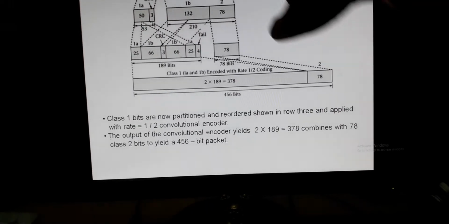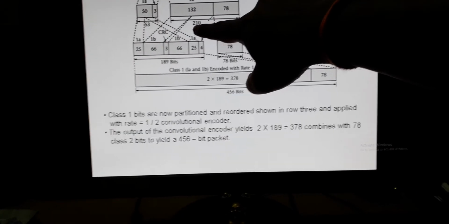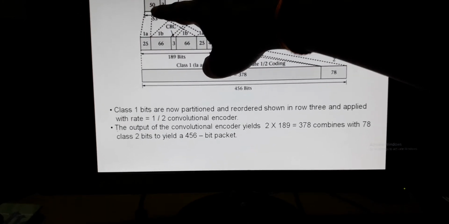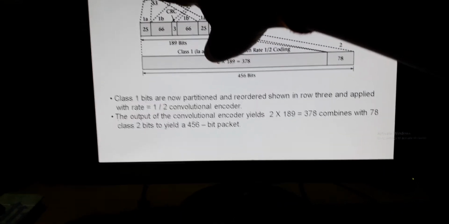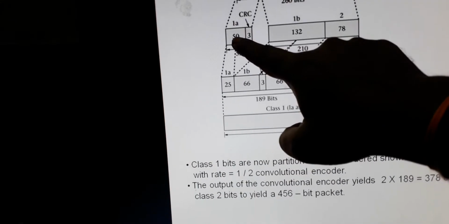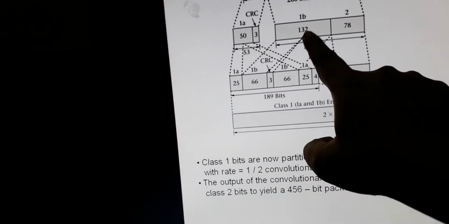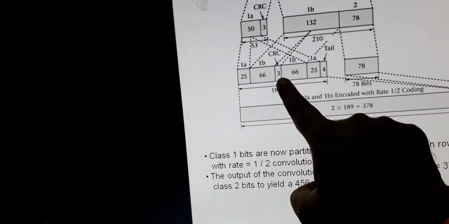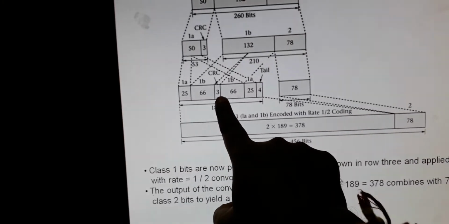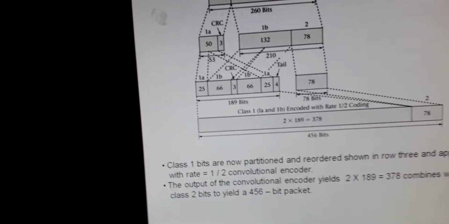But class 1A and class 1B are divided. For example, class 1A is divided into 25 and 25. Class 1B is divided into 66 and 66 with 3 error check bits and 4 tail bits.